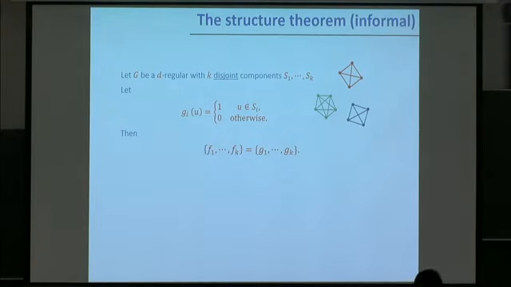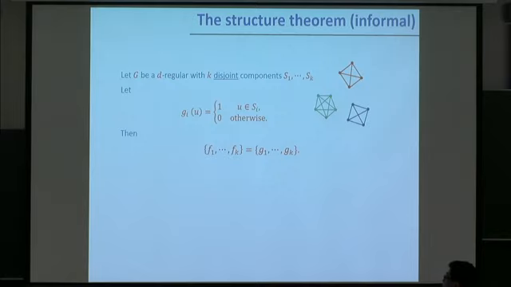So our first result is called the structural theorem. Let's look at the structural theorem informally first, with a toy example. Assume that our underlying graph G is a D-regular graph with K entirely disconnected components. For every subset Si, we define the indicator vector of Si, which we call gi.